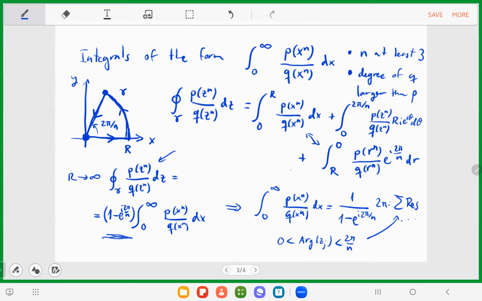Actually, the method would be exactly the same. You will need to include the same residues and everything, so it will give you probably the same amount of work. But to clarify, I said n at least 3 because we don't need a special method for n equal to 2, since that would be the integral of an even function, and we can just calculate it from minus infinity to infinity and divide by 2.